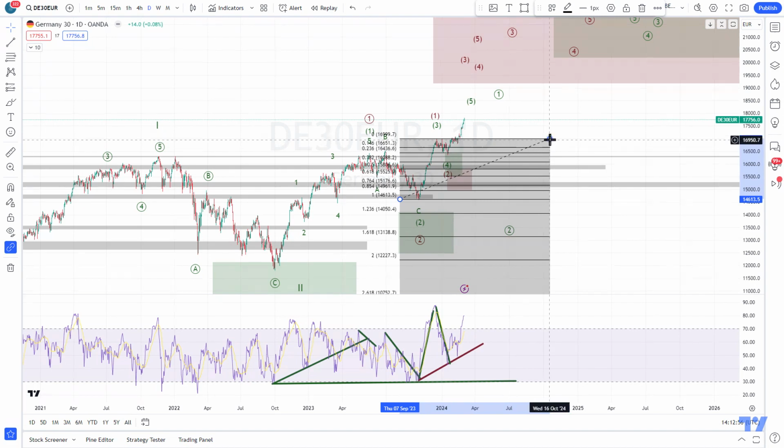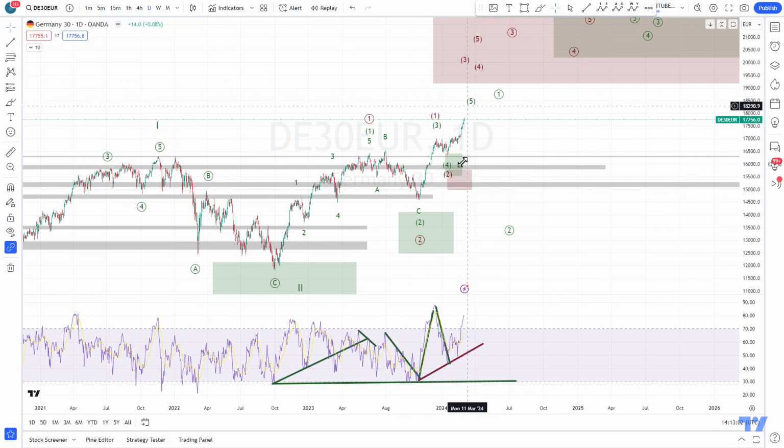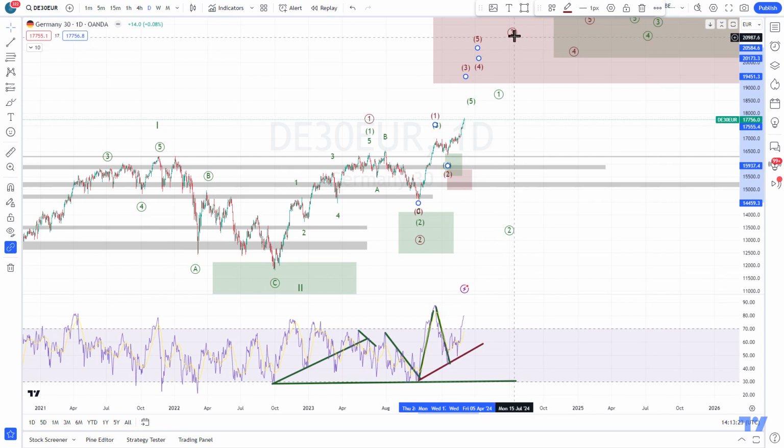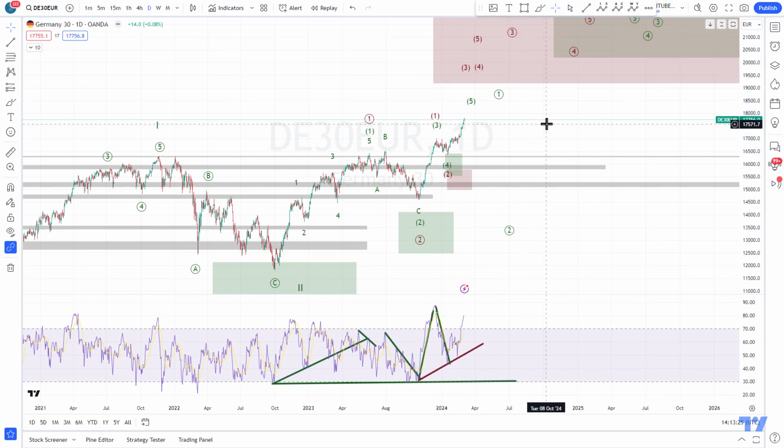Now, it is possible to have shallow retracements, and in this scenario, I think that happened. We started a new cycle from here, in my opinion. So in the most bullish scenario, where we are working on this wave 3, it means that our wave 2 low was in right here. So wave 1, wave 2, and now we are working on the wave 3 of the wave 3.